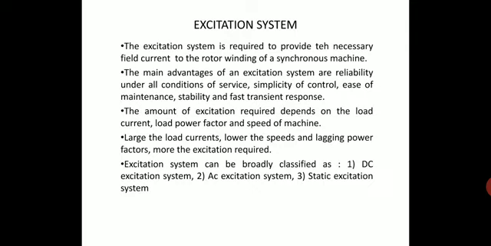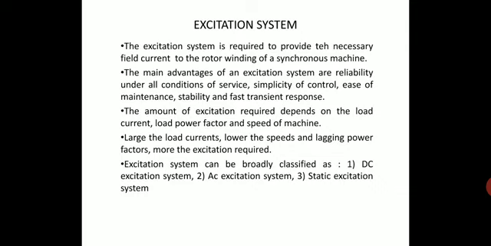Next, we see what excitation systems are used in an alternator and what factors the excitation depends on. The excitation system is required to provide the necessary field current to the rotor winding of a synchronous machine.